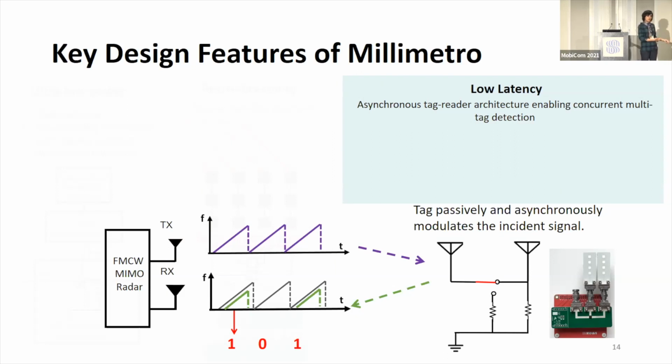The bonus feature that comes with that is one tag can respond or retroreflect the signals from multiple radars simultaneously, or one radar can simultaneously read multiple tags. So we have this concurrent operation just as an organic feature of this asynchronous protocol.